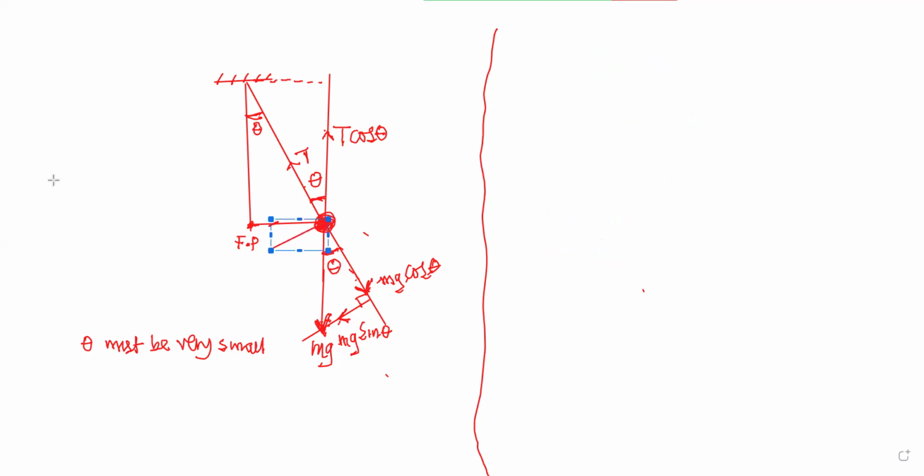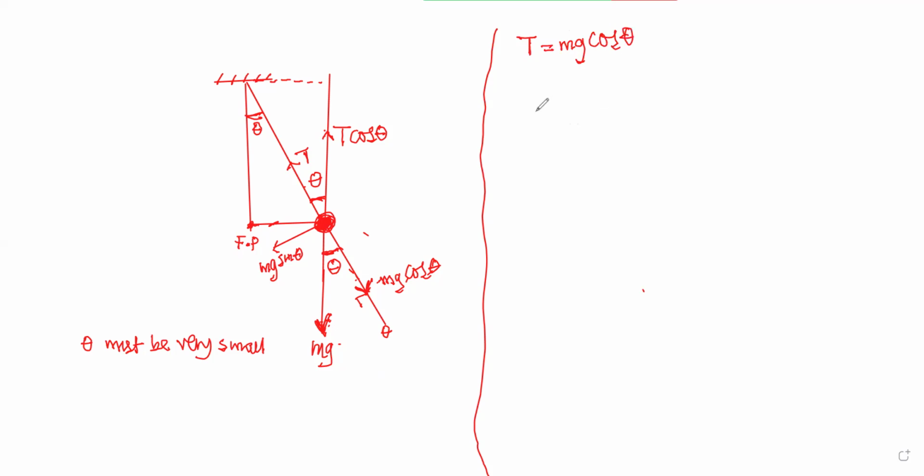So the mg sine theta component, which is also equal to this, is being brought onto the mass, because vectors are equal no matter where they are if they have the same magnitude, direction, and are parallel to each other. Now, if we look at the forces on the mass, the tension T in the string is balanced by mg cos theta.